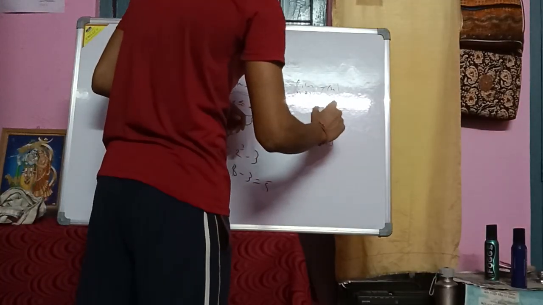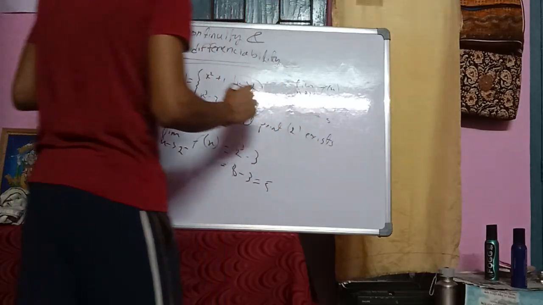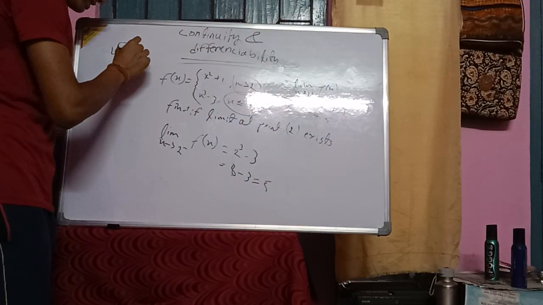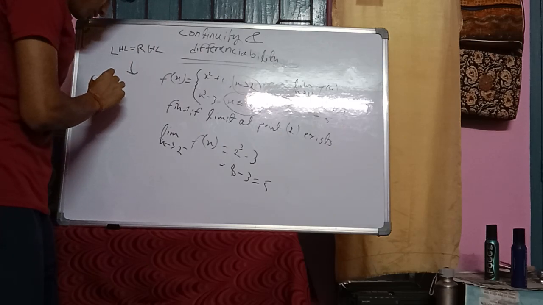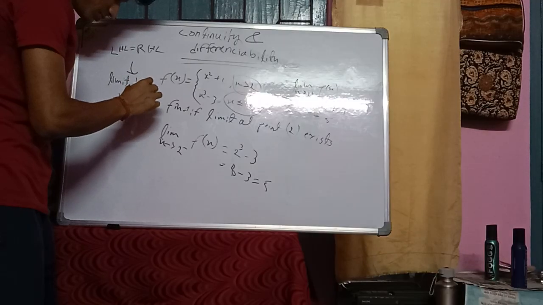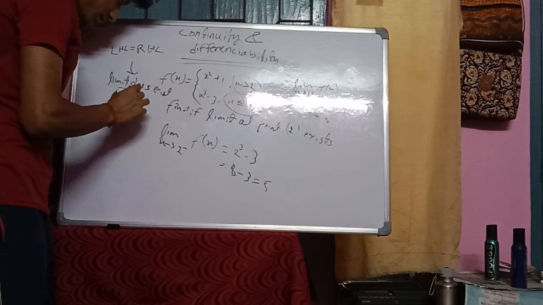So this will become 2 square plus 1, or just 5. So here the left hand limit and right hand limit are the same. This means that the limit does exist at this point, at x equals 2.